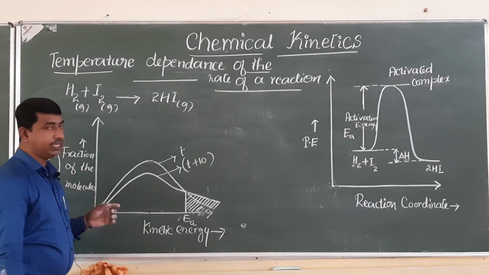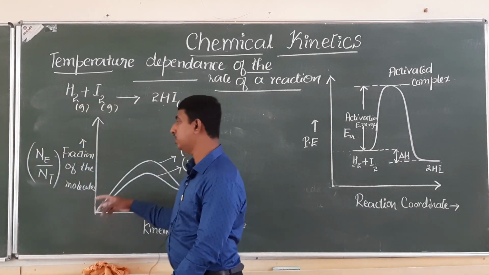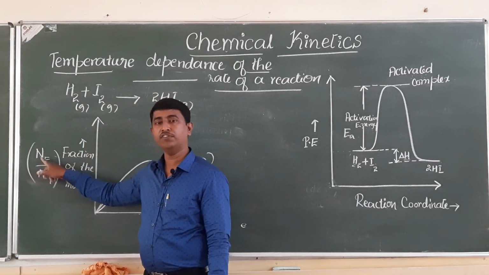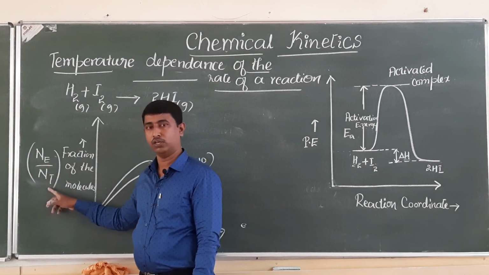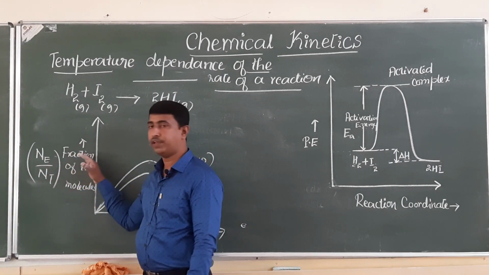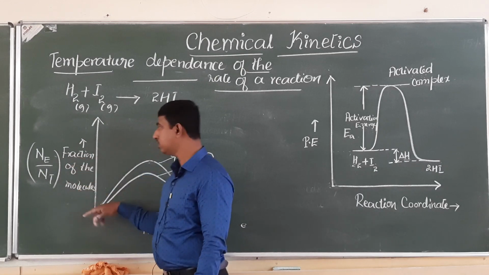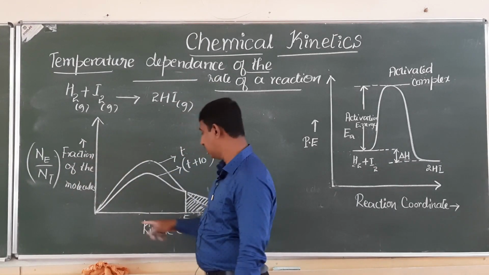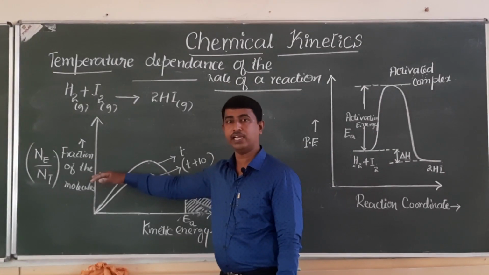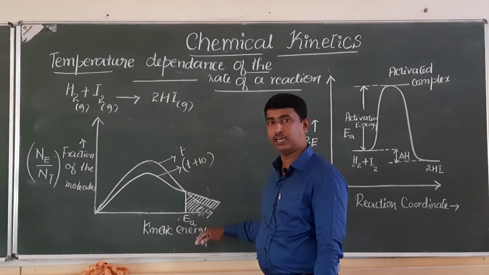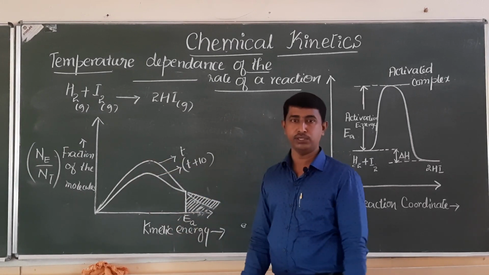Fraction of the molecules means Ne by Nt. Ne is the number of molecules with energy E, and Nt is the total number of molecules. That ratio we call the fraction of the molecules. It is taken along the y-axis, and kinetic energy is taken along the x-axis. On plotting this, we got the energy distribution curve.